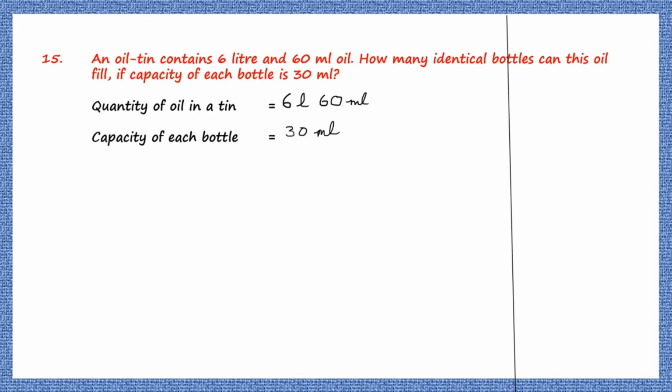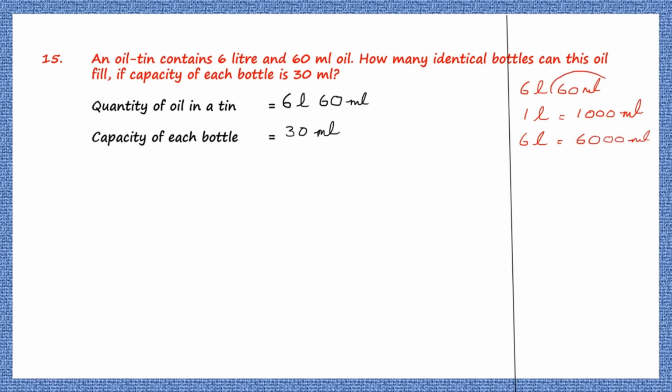Now, since one is in milliliters and the other is in liters and milliliters, let's convert it all to one unit. So we'll convert this to milliliters. We're going to convert 6 liters and 60 milliliters into milliliters. 1 liter has 1000 milliliters. So 6 liters will be 6000 milliliters, isn't it?